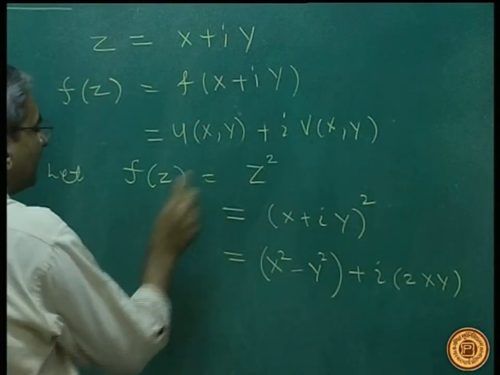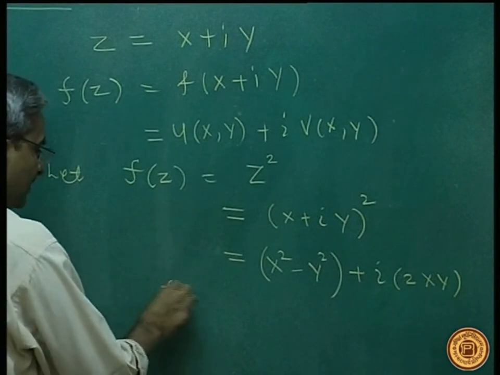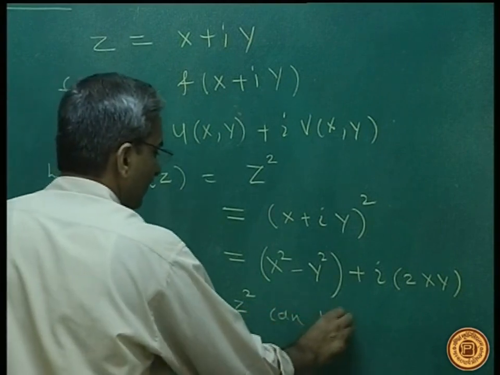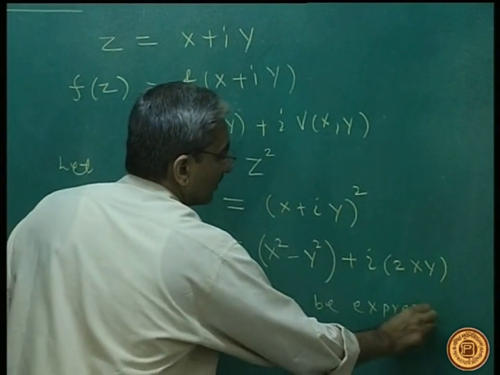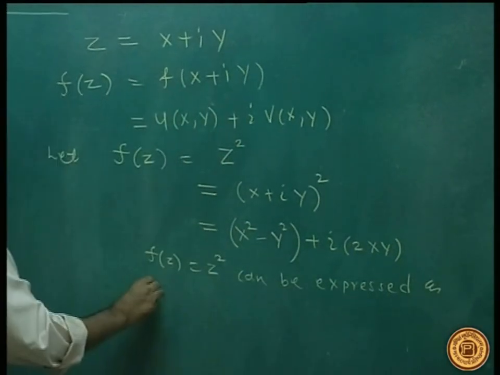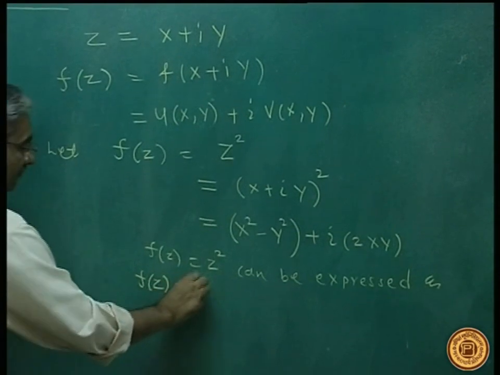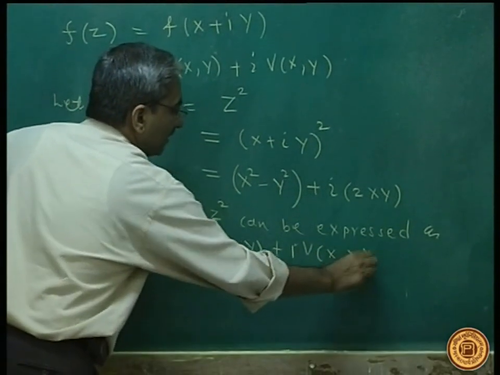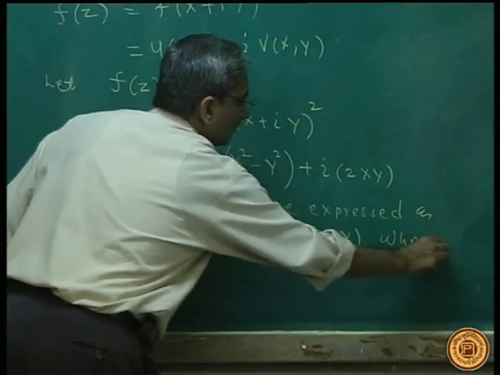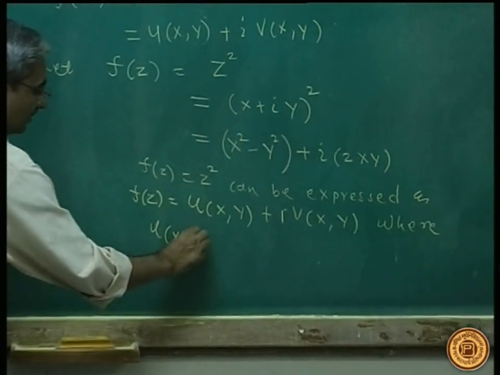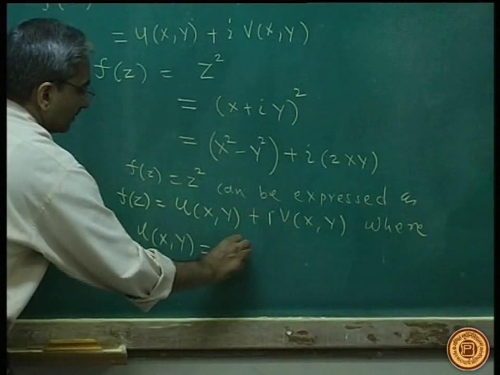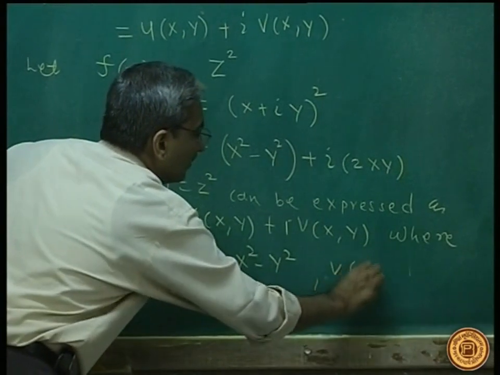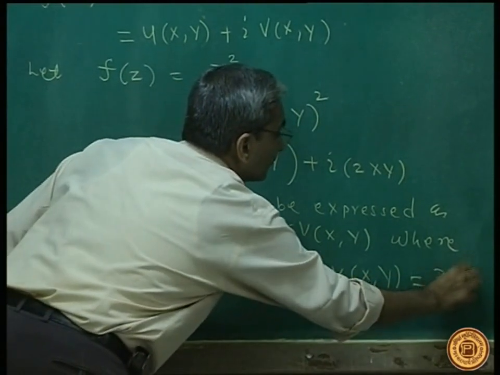So for this function f(z) equal to z square can be expressed as f(z) equal to u(x,y) plus i times v(x,y), where u(x,y) is equal to x square minus y square and v(x,y) is equal to 2xy.